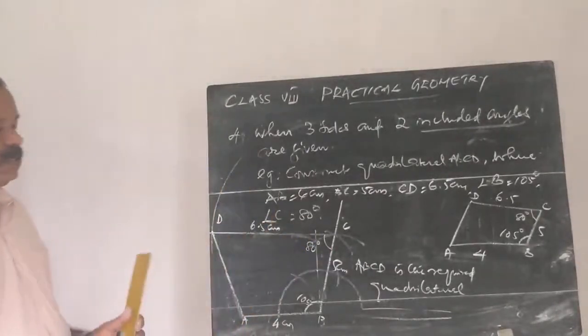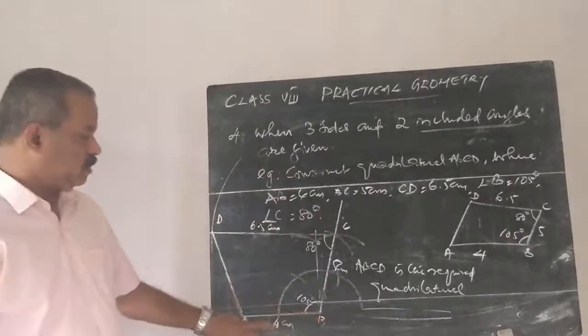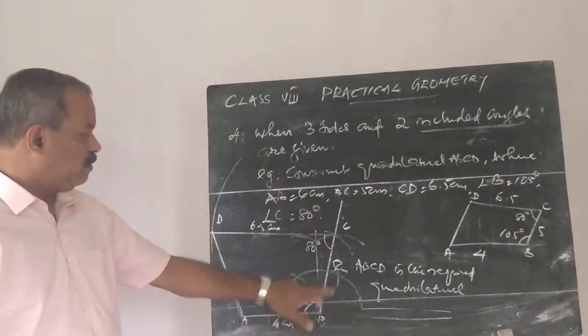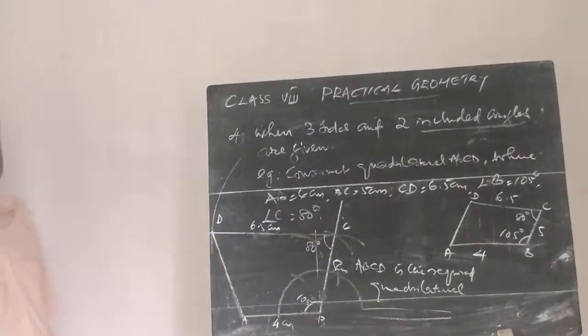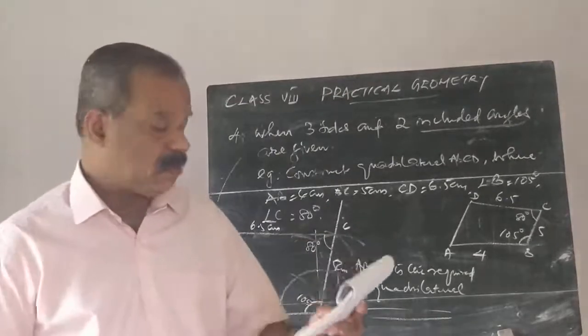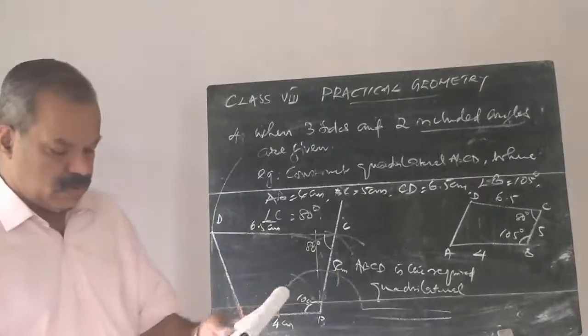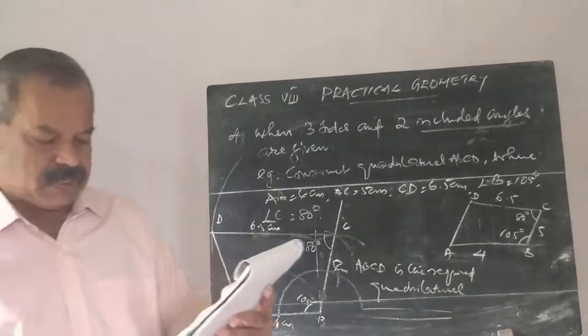So ABCD is the required quadrilateral in which what are given? AB 4 centimeter, angle B 105, angle C 80 degrees, DC 6.5 centimeters. Now you can complete this and then do exercise 4.4 question 1, sub questions 1 and 2.